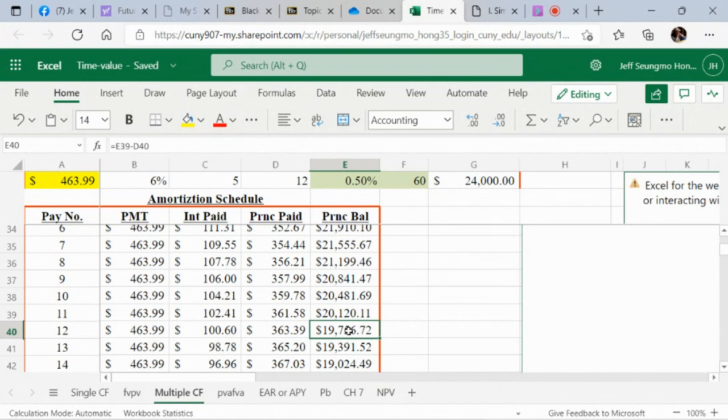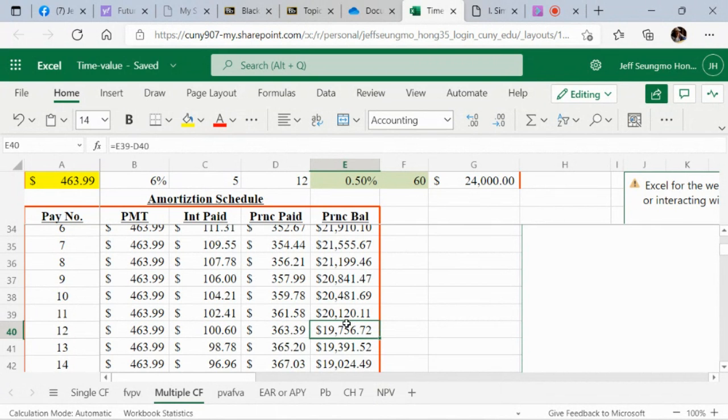And then the question is, so how much do I owe now? You only owe the principal balance, right? Isn't that right? You only owe the principal balance because after paying off this principal balance, you don't have any interest to worry about because you have paid it off. So this is your buyout amount, payoff amount.